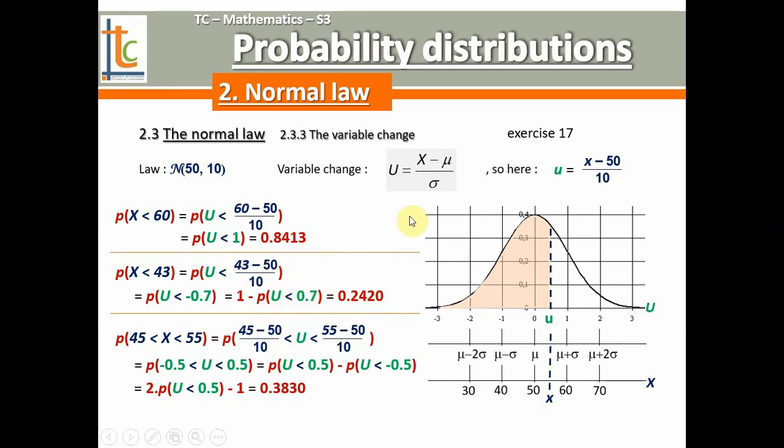And then by putting this value of u in the formula, and by knowing the value of x, you will be able to calculate the missing parameter, that could be the mean here or the standard deviation here. So you've got reversed problems that correspond to a lot of problems, actually, where you would be obliged to begin with the standard normal law, use this formula, and go to your normal law.